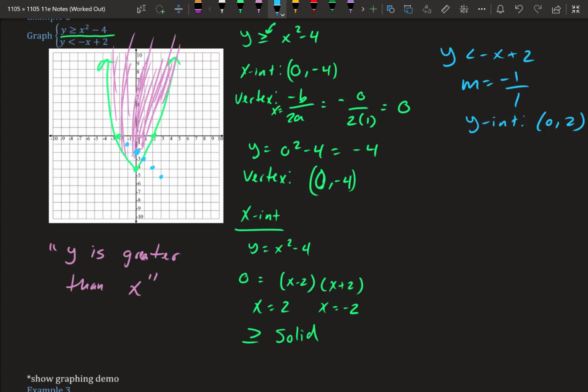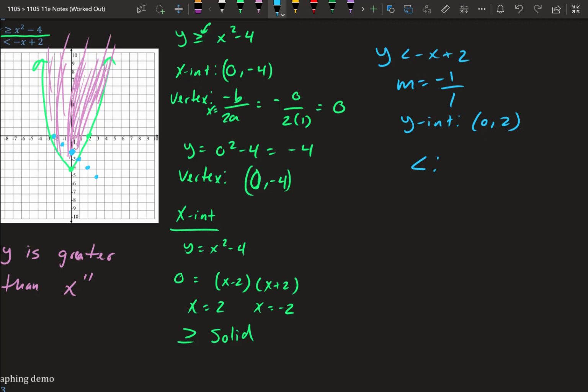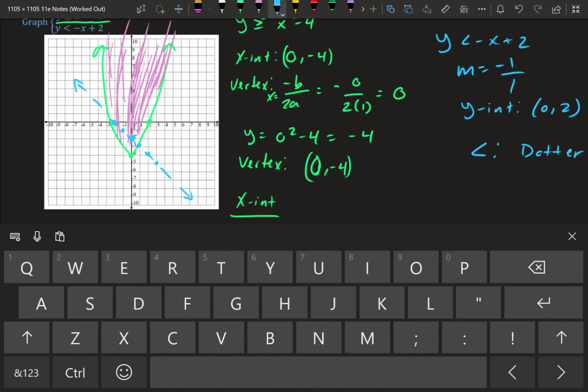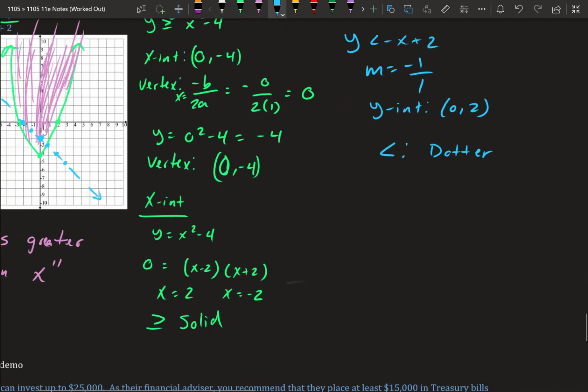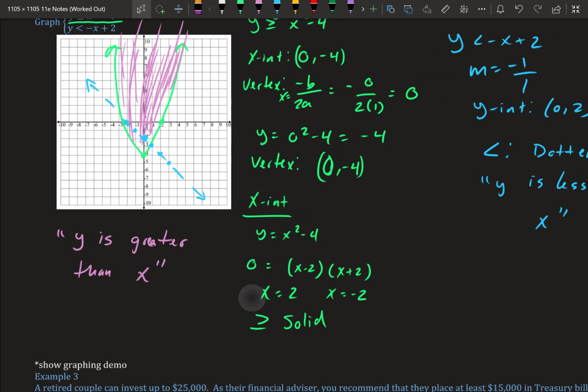We can go the opposite way if we want. Since it has this symbol, it's dotted, so we connect the dots using a dashed line. When we read it, it says y is less than -x plus 2, so less than is down. So we shade down.